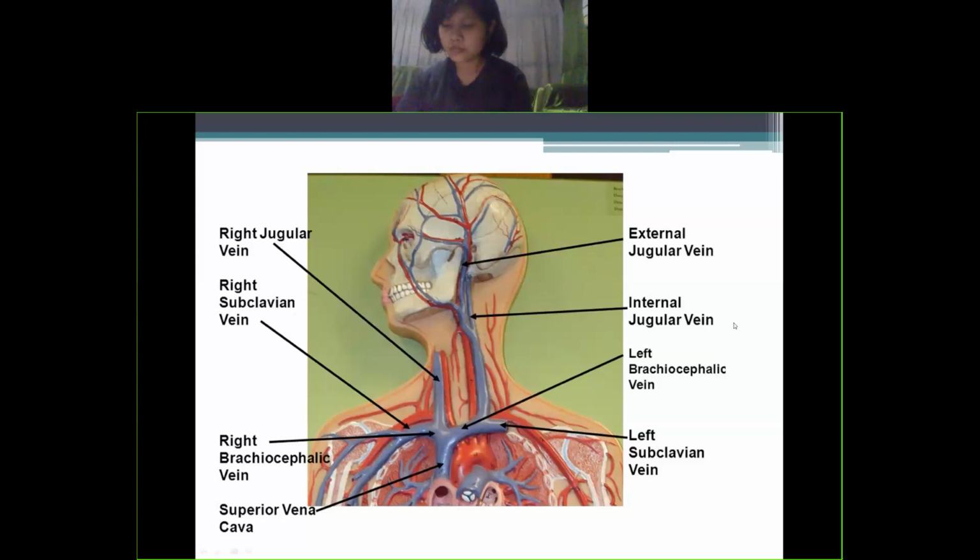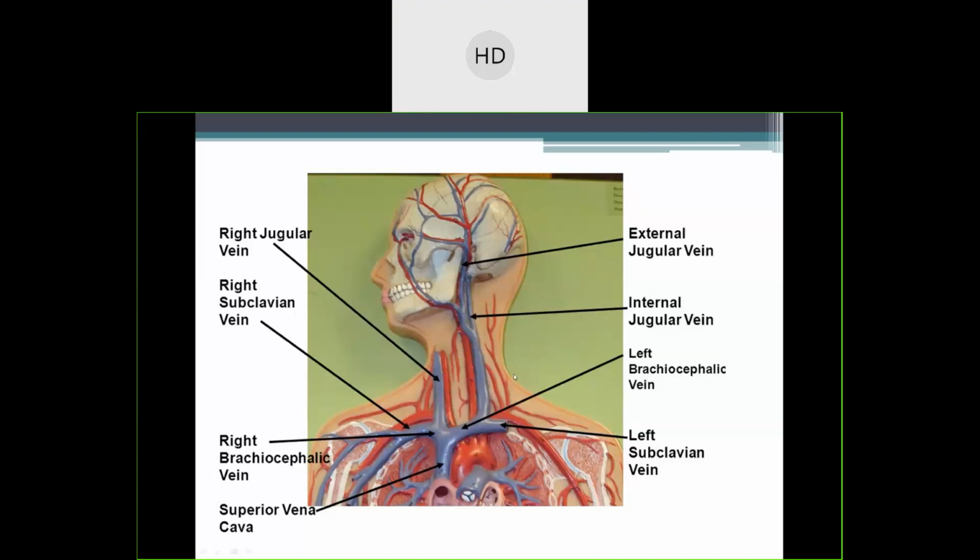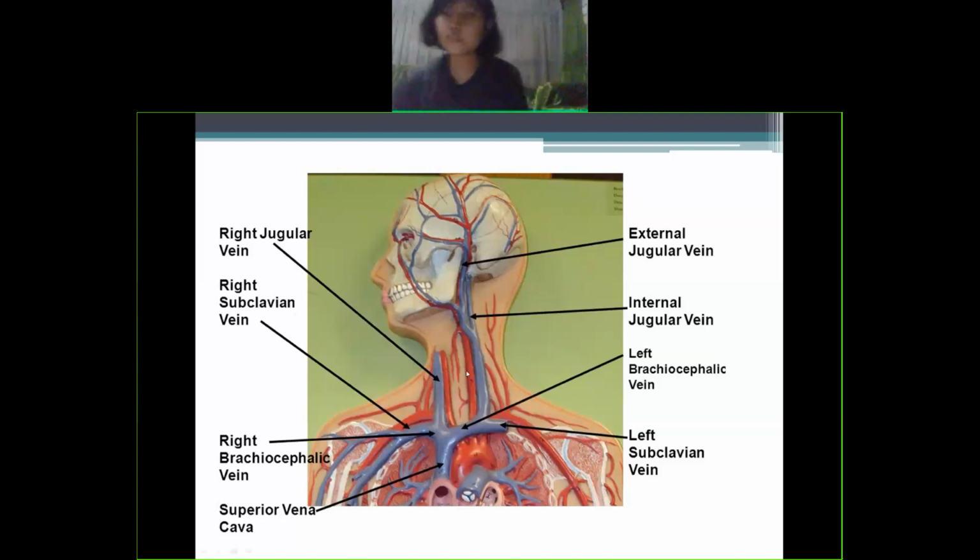Okay. Yes, ma'am. The internal jugular veins are divided into two parts. So what are those? You can see from the picture itself and you can say it.